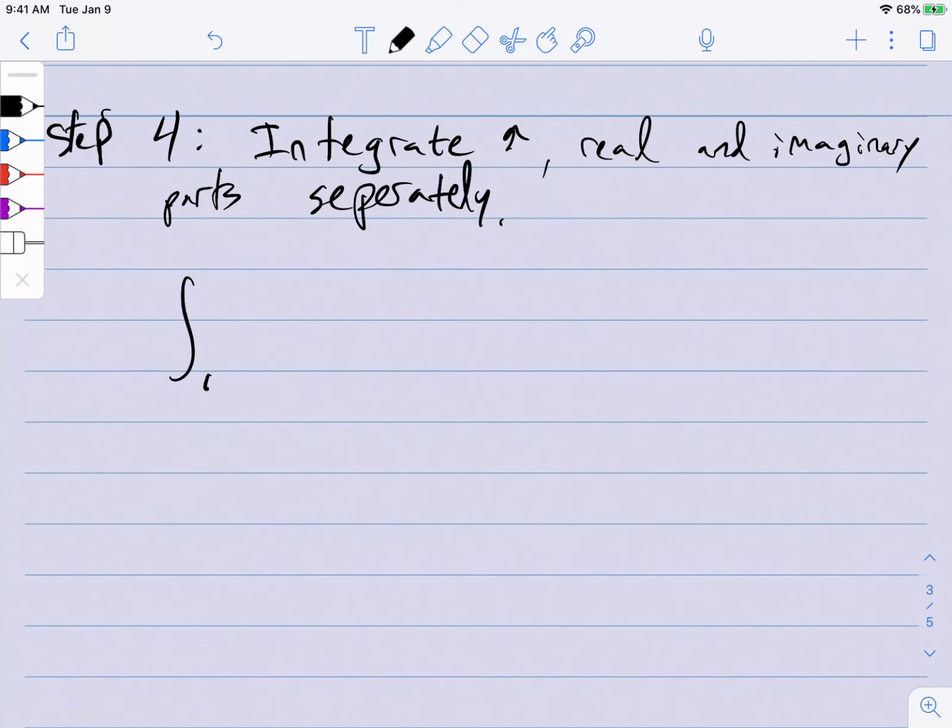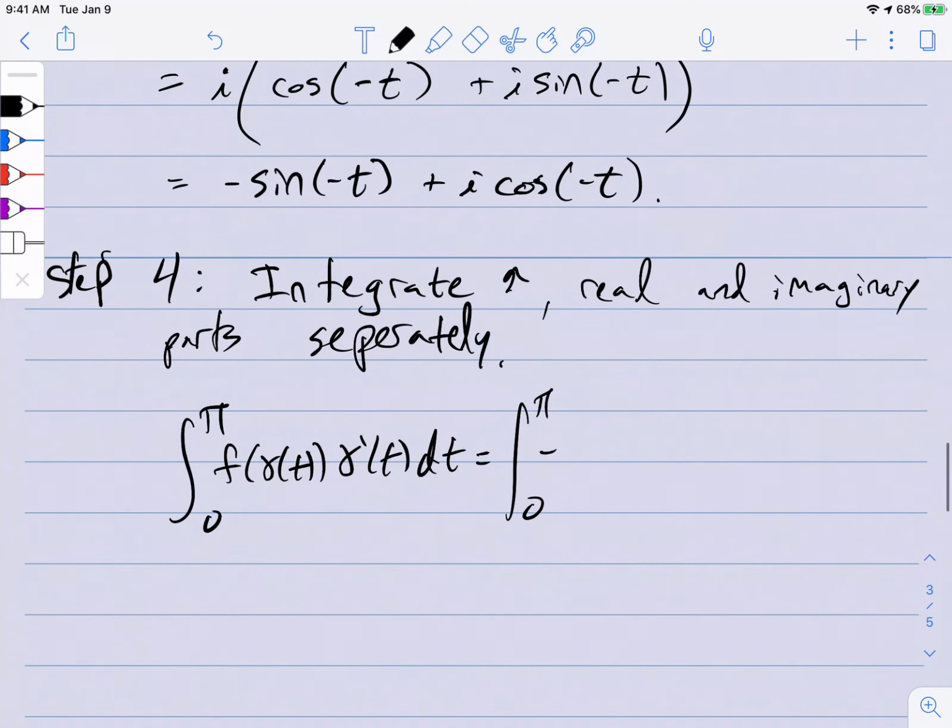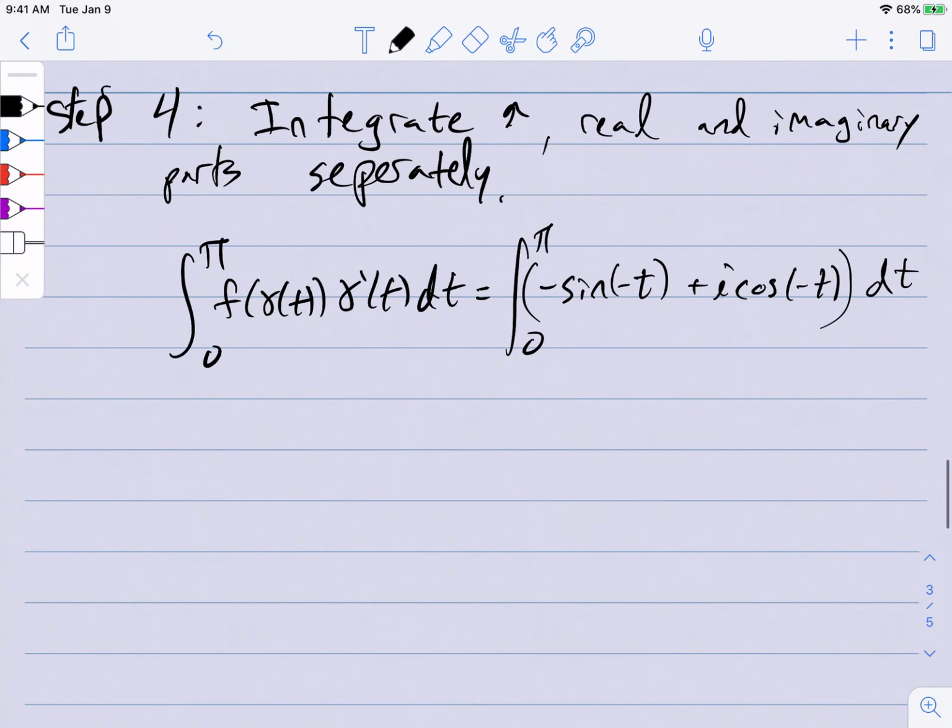So we're integrating now from 0 to pi f of gamma of t, gamma prime of t, dt, which we calculated is negative sine of minus t plus i cosine of minus t, dt. We break this into its real and imaginary parts.